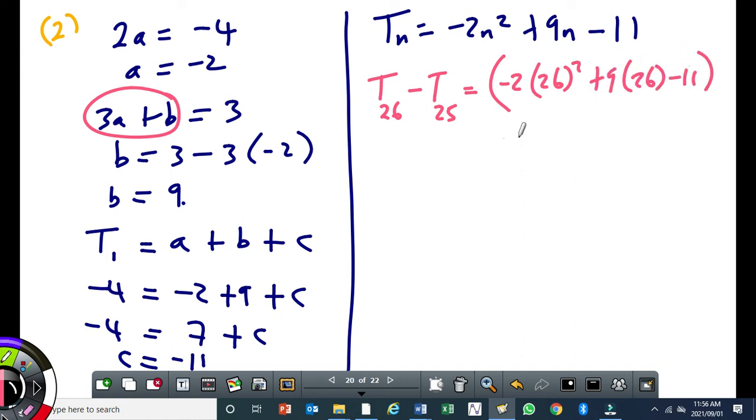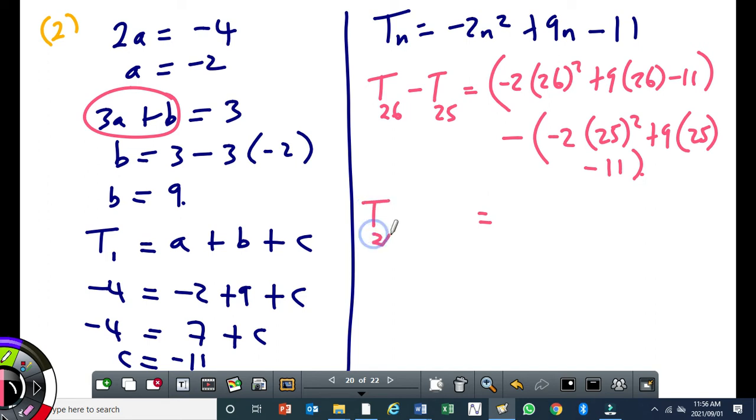Then you subtract T25, which will give you minus 2 times 25 squared plus 9 times 25 minus 11. Can you do the math there? What will be T26 minus T25 equal to?